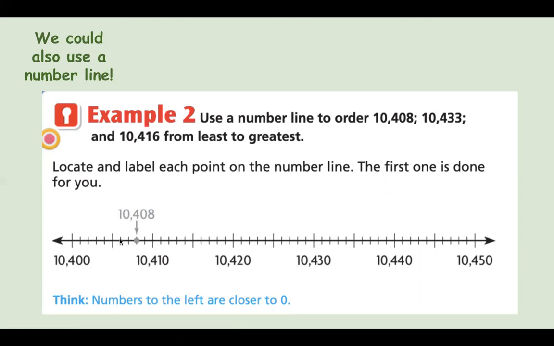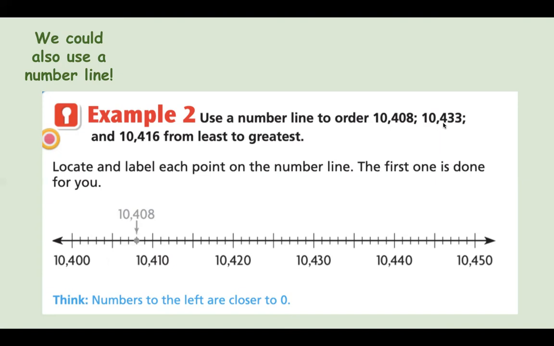So that must mean all these individual little tick marks are an additional 1. So that would be 10,400, skip to 10,405, 10,406, 10,407, 10,408. So that's why that one goes there. So that's how this number line works.